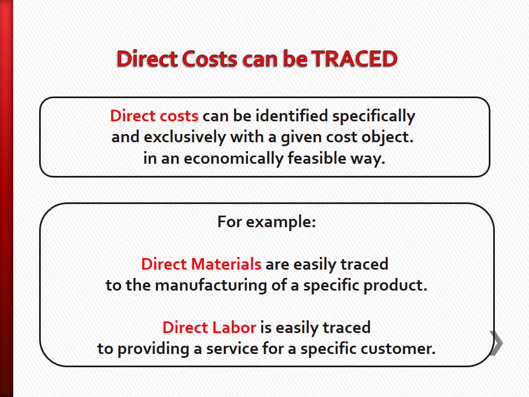For example, direct materials are easily traced to the manufacturing of a specific product. Think back to the video that I hope you watched on wheel coaches. The first department they showed you was the sheet metal department. There's a worker in there cutting up sheet metal that goes into constructing a wheel coach. Clearly, the materials being cut up at that time are easily identified with a specific job, a specific wheel coach that's going to be produced.